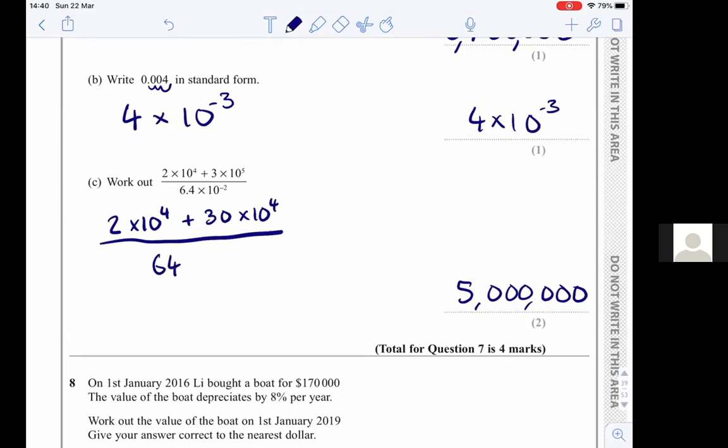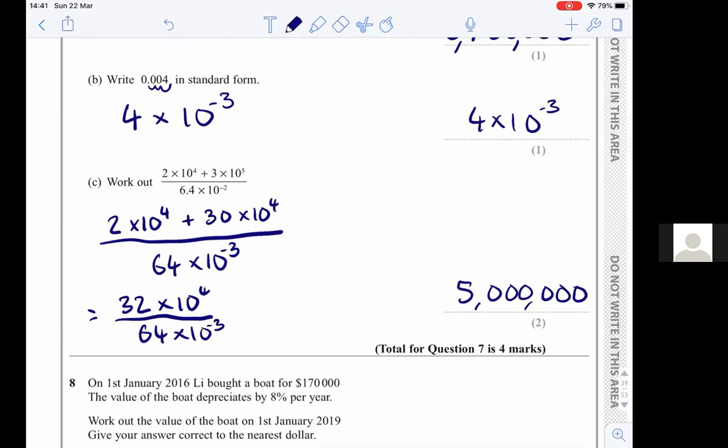So I've times that by 10, I've got to take away 1 from the power of 10, 10 to the minus 3. And this is going to be 32 times 10 to the power of 4 on the top, divided by 64 times 10 to the minus 3.